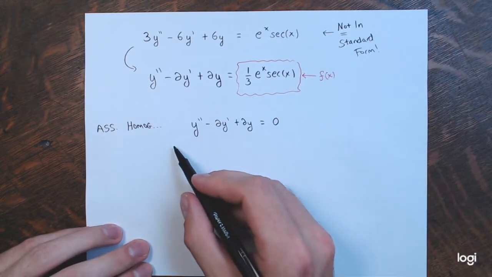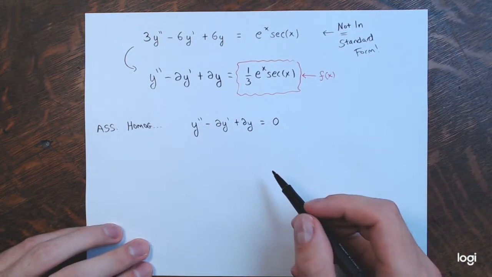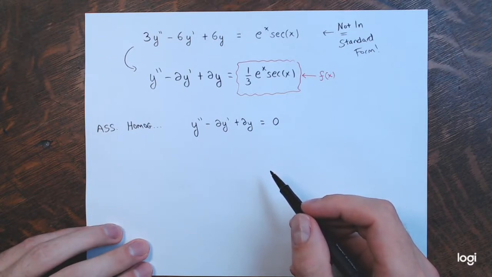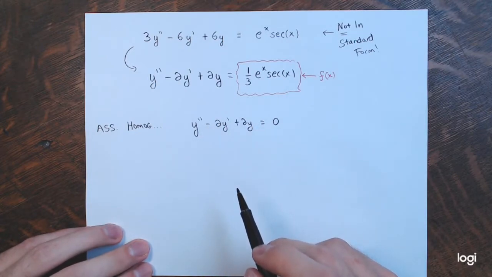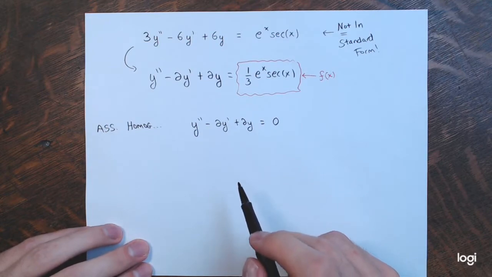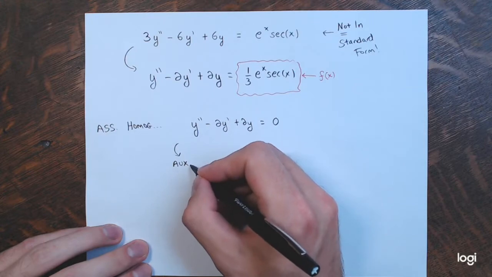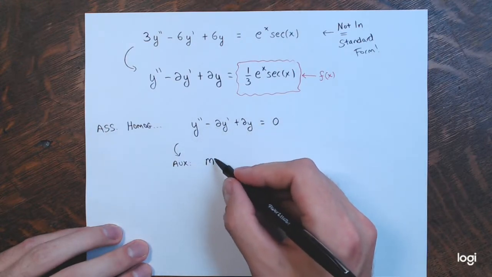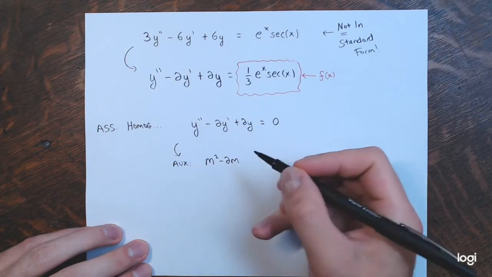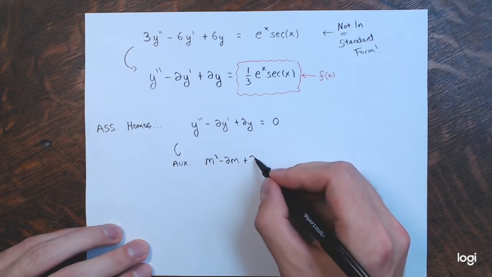And I'll just tell you right now, I would let y equal e to the mx. Here we have a homogeneous equation with constant coefficients. And then we get the auxiliary equation, or a characteristic equation: m squared minus 2m plus 2 equals 0.